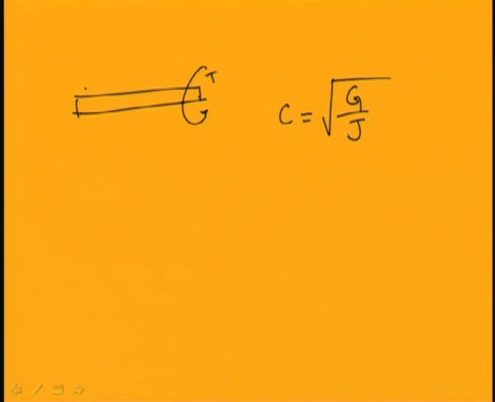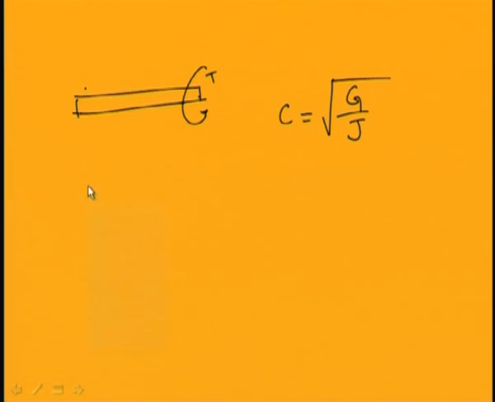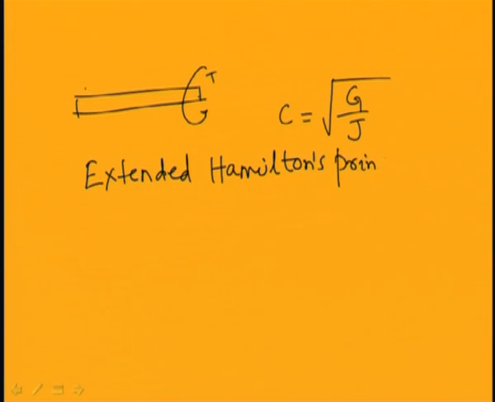Today we will derive some of these equations and also the equation for the Euler-Bernoulli beam by using Hamilton principle. Using the Hamilton principle or extended Hamilton principle, we can derive the equation of motion.